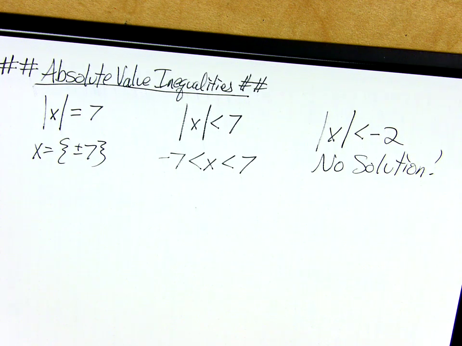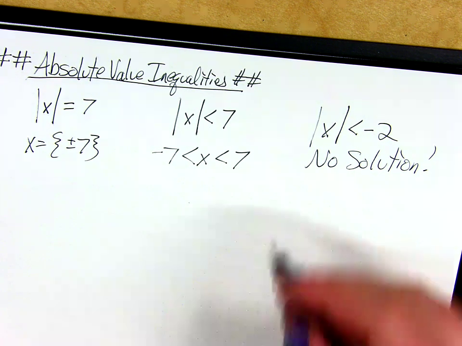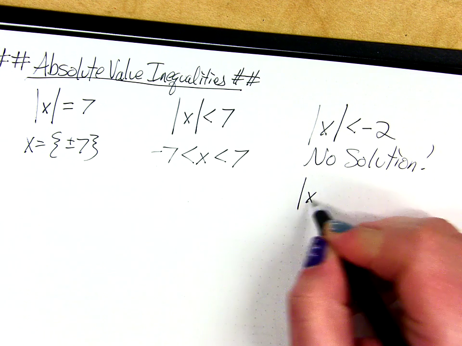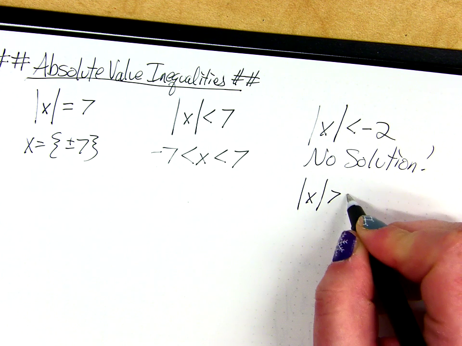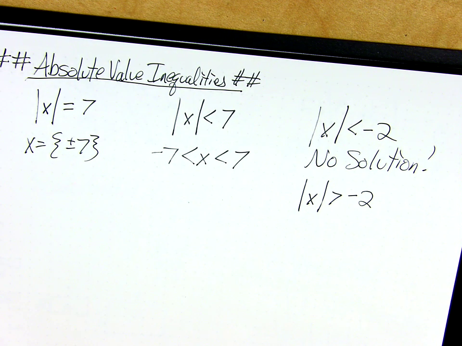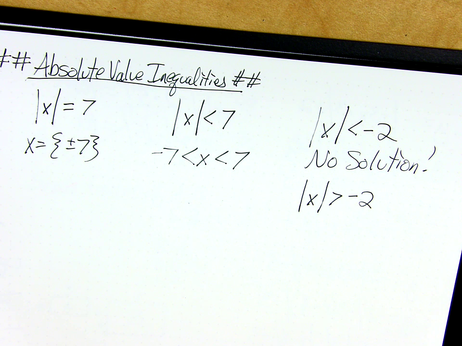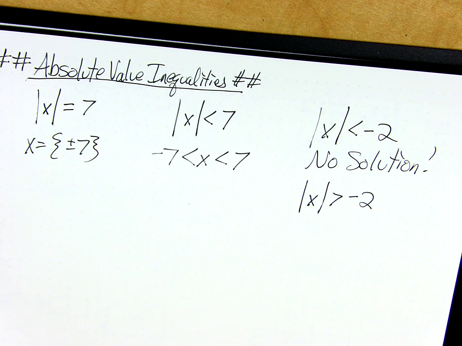However, let me ask you this question. What if I had it the other way? Who has an absolute value that's greater than negative 2? 2 does. That's 3. How about everybody? Isn't everybody's absolute value either 0 or some positive number, right?